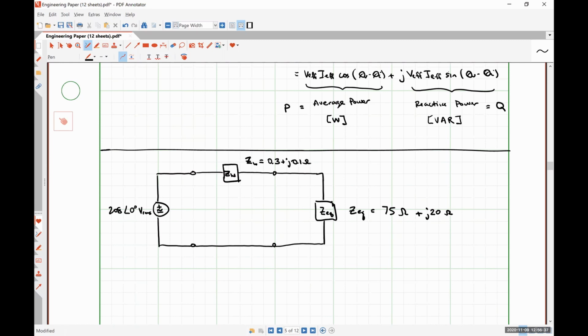Pardon? I'm asking what math we have to do to figure out what the average power, we have an equation for it literally right here, is for our load, ZEQ. I'm sorry, I couldn't hear you.